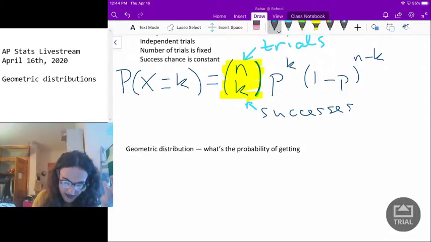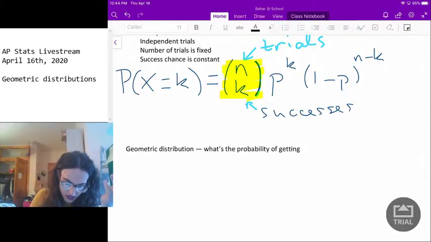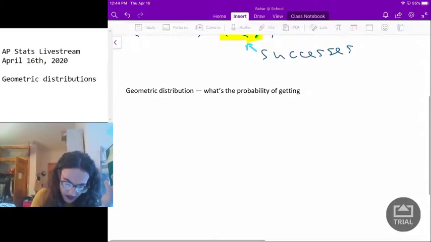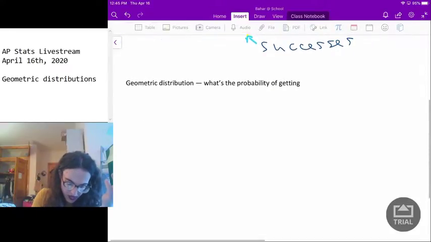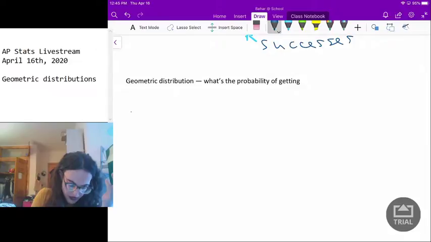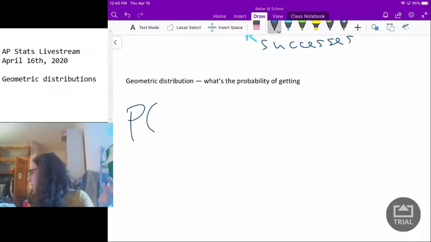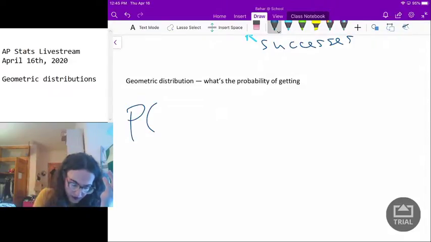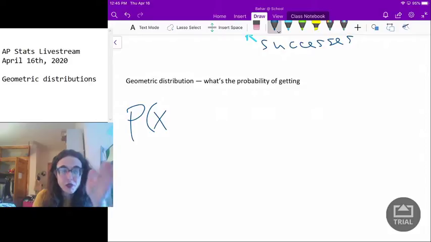For our case, the geometric distribution formula is going to look like the probability of having X trials before the first success.